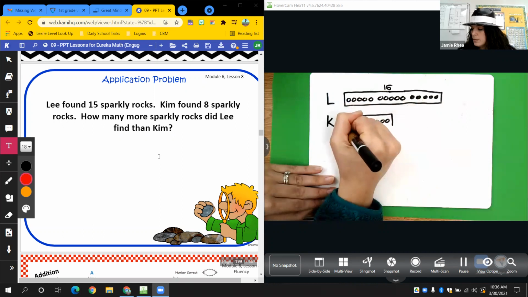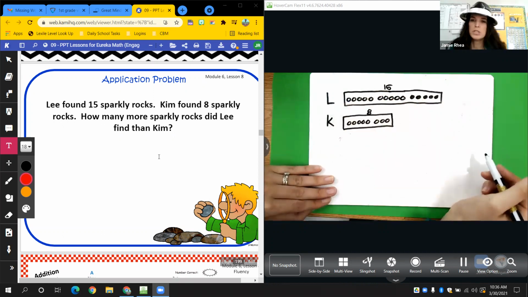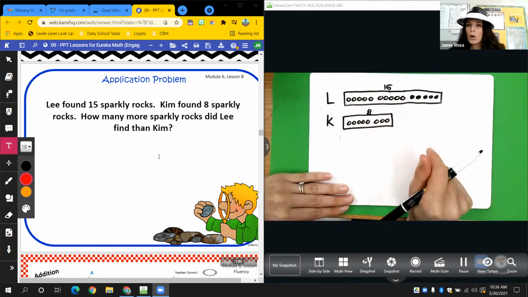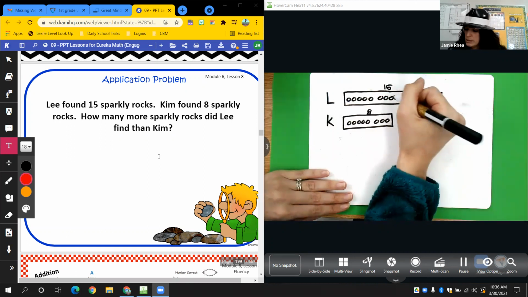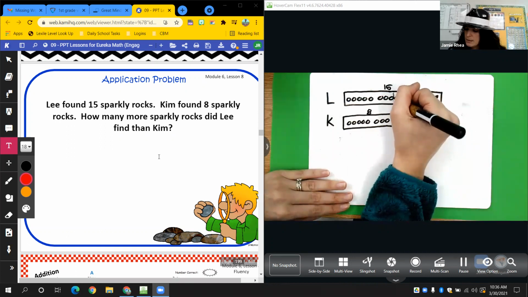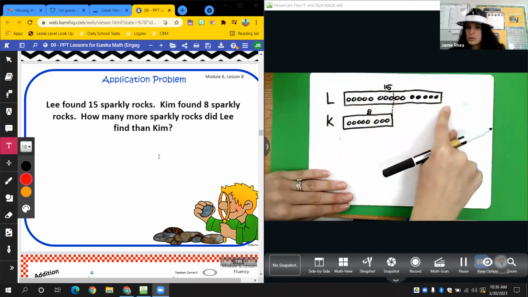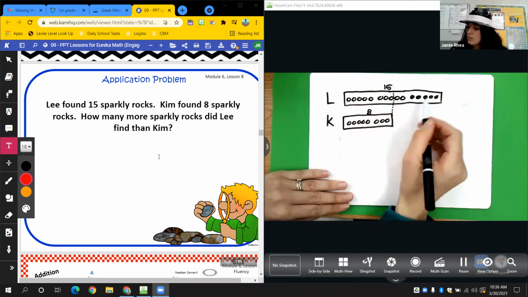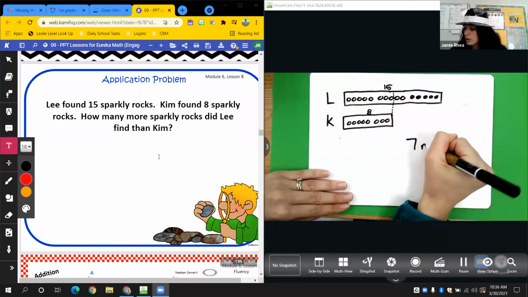Let's make our box here. Now, the question says, how many more sparkly rocks did Lee find than Kim? Well, let's do this. Here's my 8. How many more did she find? Let's see, 5, 6, 7. I think she found 7 more.